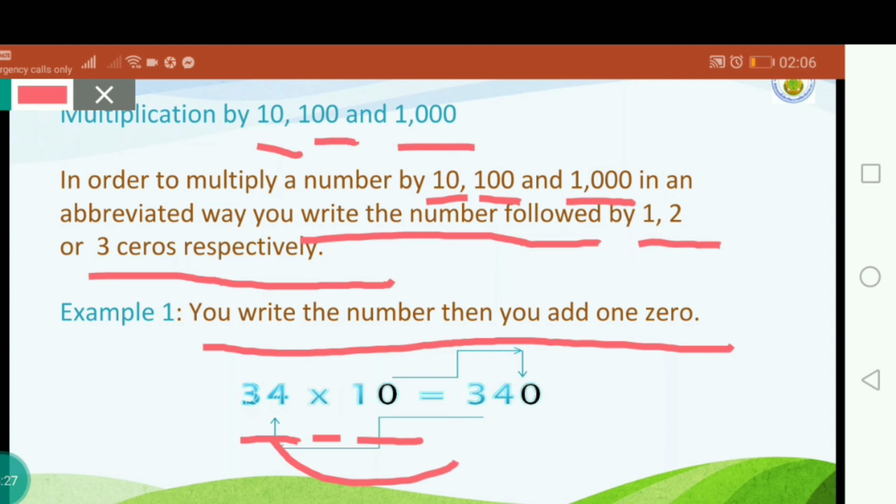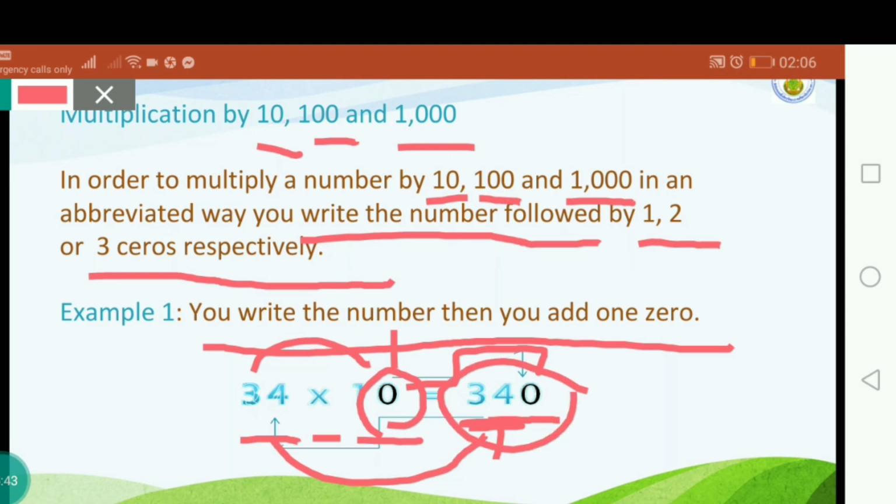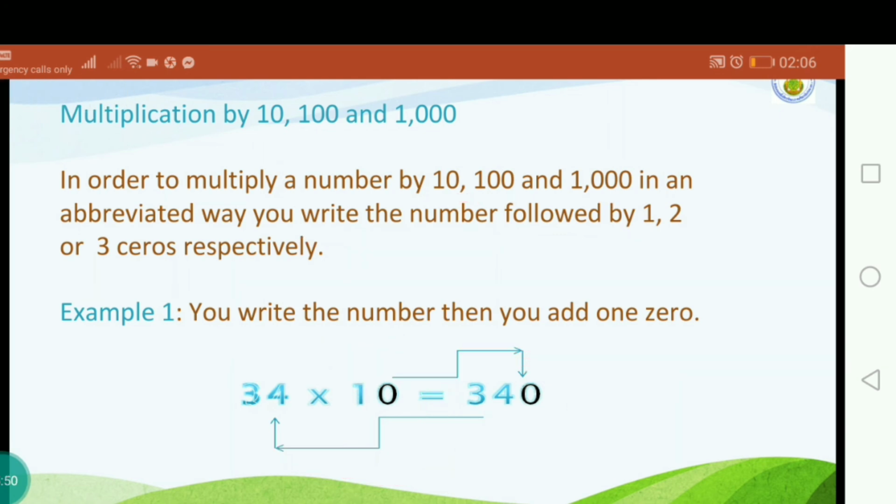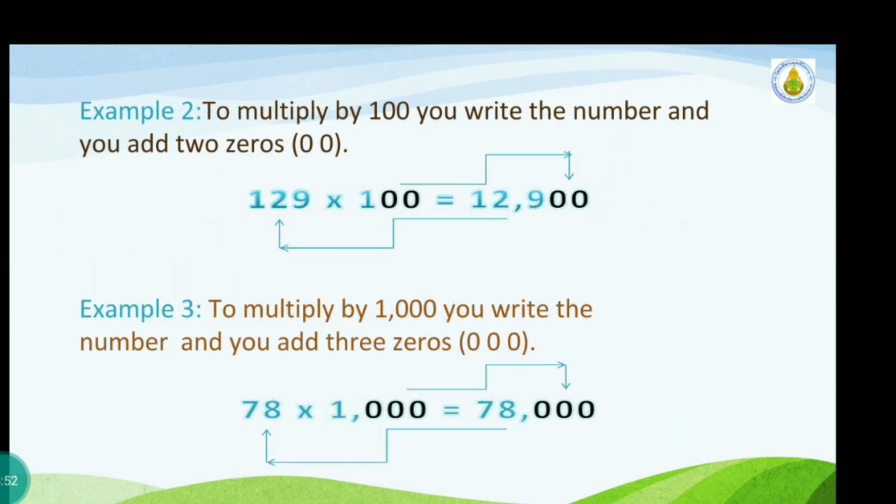You just need to write down 34 because 34 times 1 is equal to 34. And then how many zeros are there? There is 1 zero. So you're going to write down 1 zero. That is why our answer is 340.